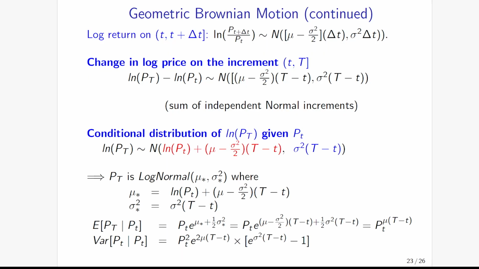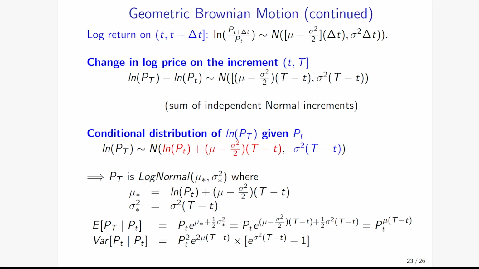If we look at the conditional distribution of log P_T, it's given by this Brownian motion, which gives normally distributed log values with a particular mean mu star and variance sigma star.